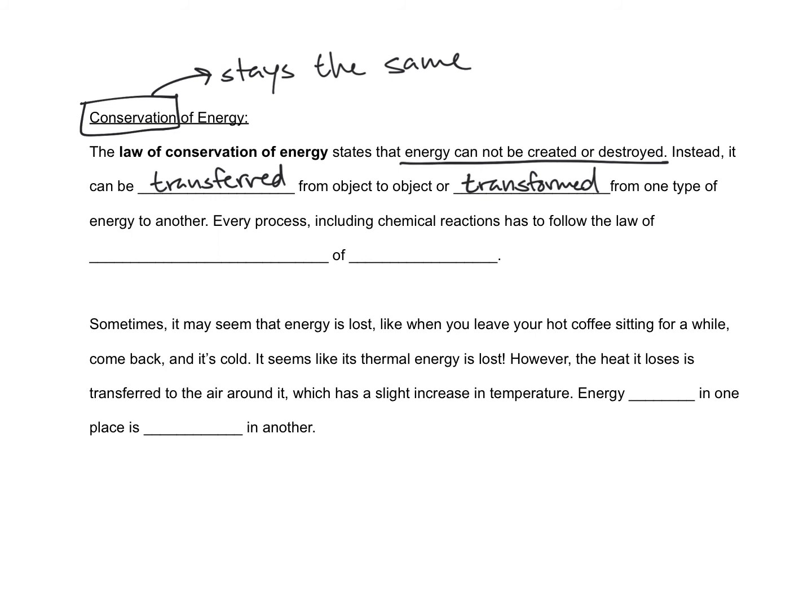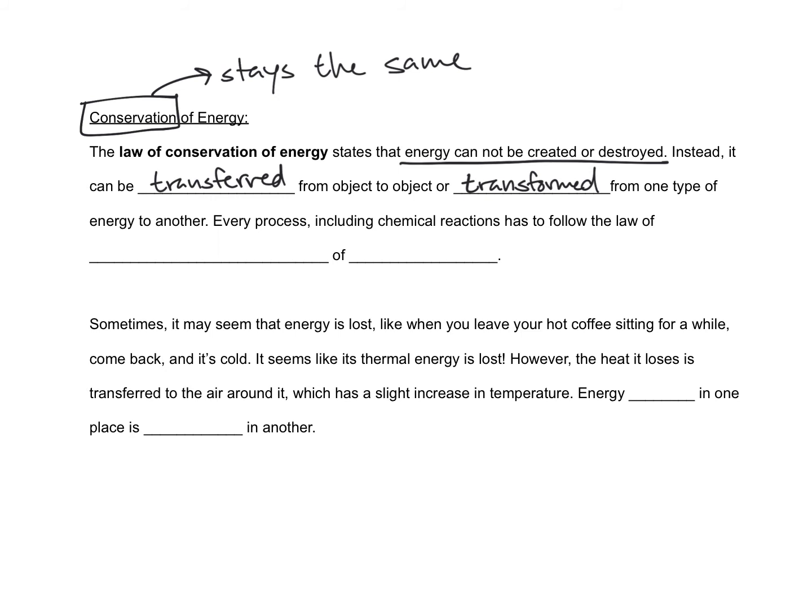And it can also be transformed from one type to another. For example, when you, standing still, decide to start walking or to sprint, you, as a person standing still, didn't have any kinetic energy, but when you start walking, you do. That kinetic energy isn't being created, it's being transformed from the chemical energy found within your body.